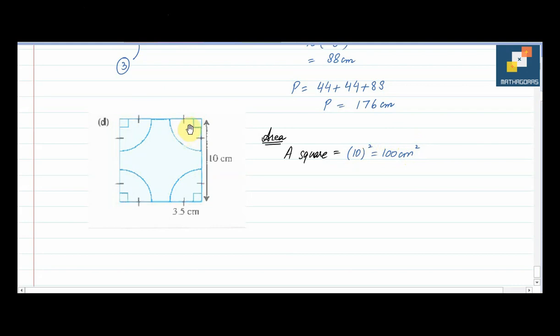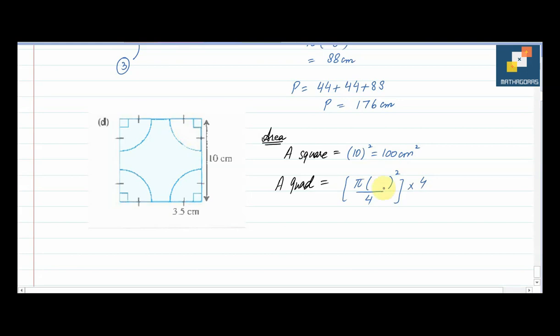Now these four, what shape is this? These are four quadrants. Now the area of a quadrant, you have the working formula: it's basically pi r squared divided by 4. And how many quadrants do we have? We have 4 quadrants, so we need to multiply it by 4. What is the radius of the quadrant?